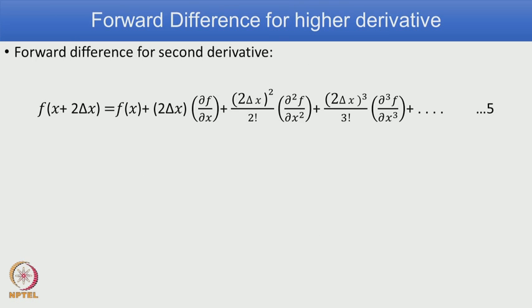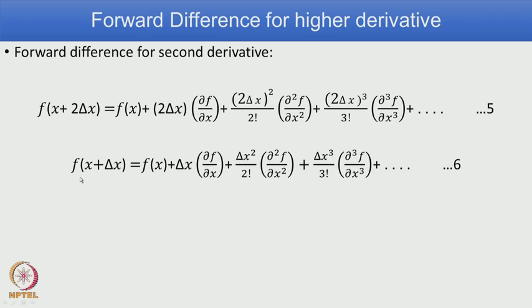Now, we will also see how to write down the difference formula for higher derivatives. We have seen so far f(x+Δx). Now, we can also do the expansion for any length of Δx. So, what is shown here is for 2Δx. So, f(x+2Δx), the formula is almost the same, except that Δx is now replaced with 2Δx.